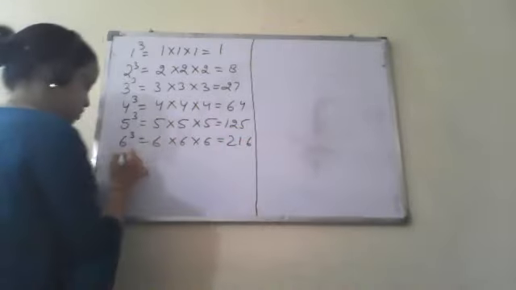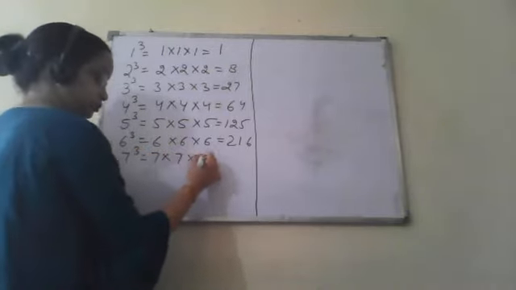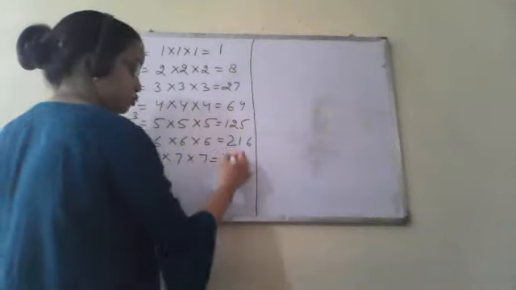6 cube is 6 into 6 into 6, this is 216. 7 cube is 7 into 7 into 7, this will be 243?